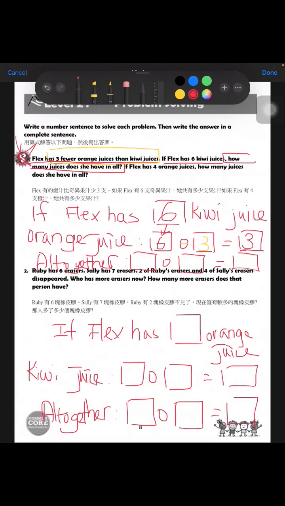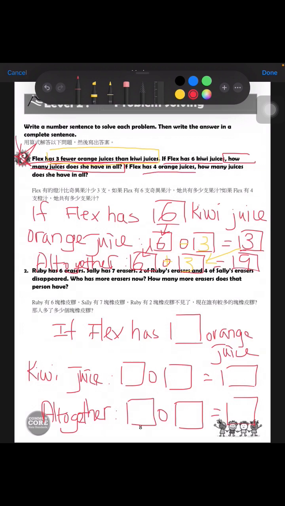But we haven't finished yet. The question asks, how many does she have in all? So we have two numbers here, 6 kiwi juice and 3 orange juices. So we add them up and we will have 9. 6 plus 3 equals to 9. So she has 9 bottles of fruit juices in all.